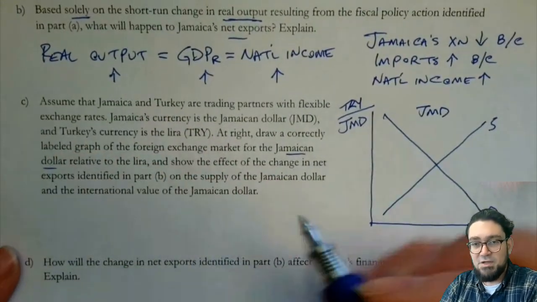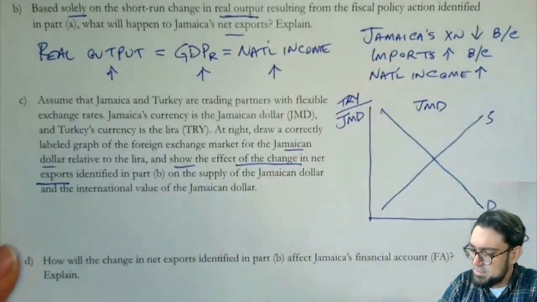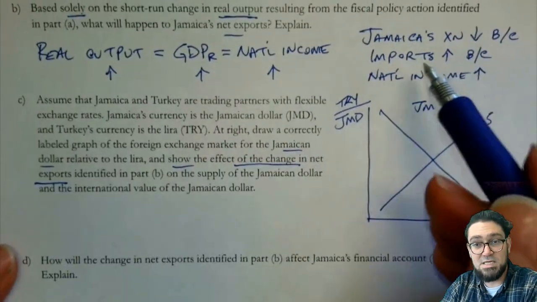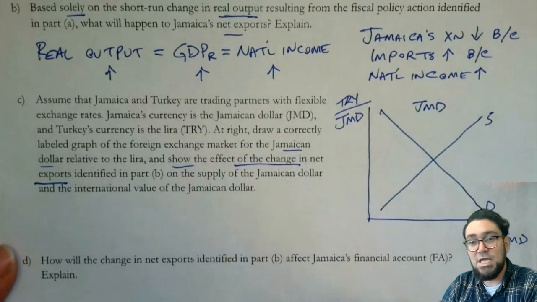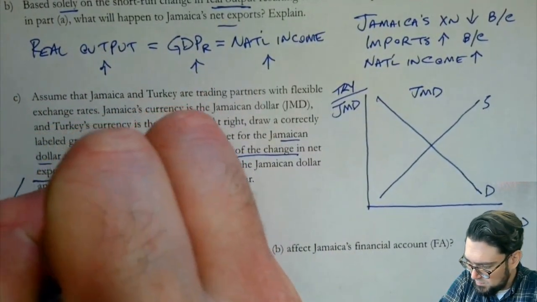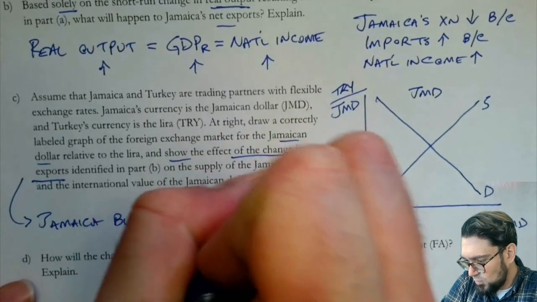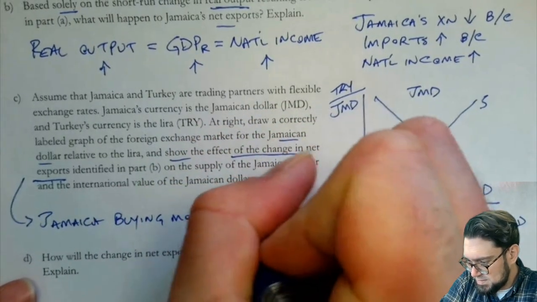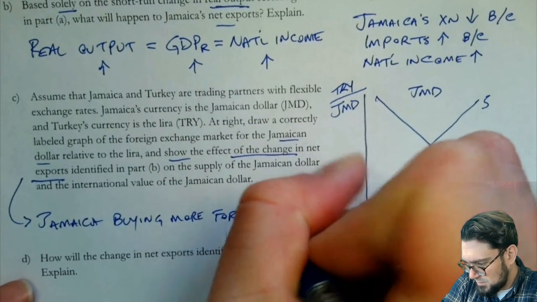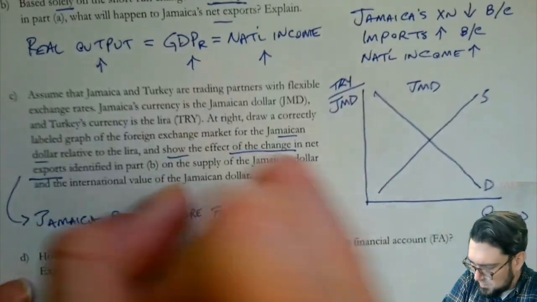Now, show the effect of the change in net exports. So if I know that they're importing more stuff, right, that means the Jamaicans are buying more, right? Jamaica buying more foreign stuff. So what does that mean?